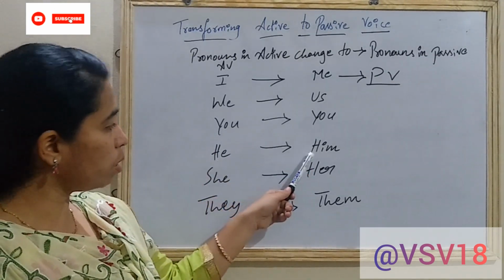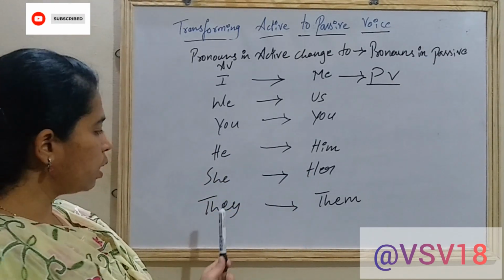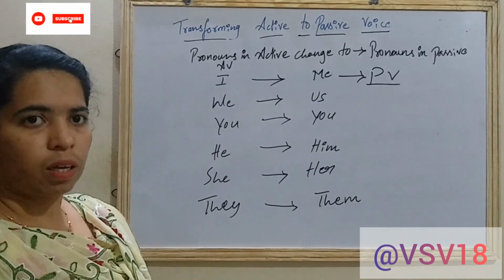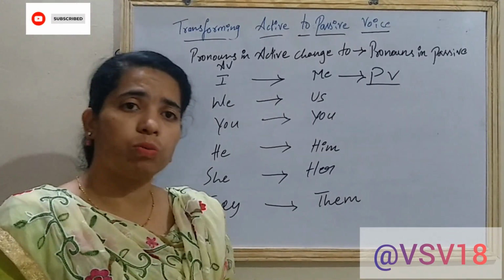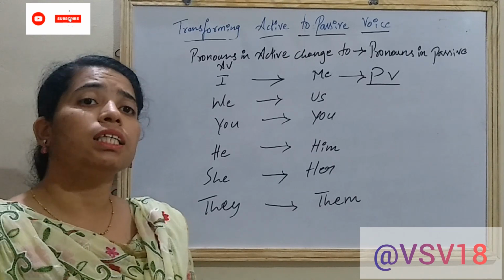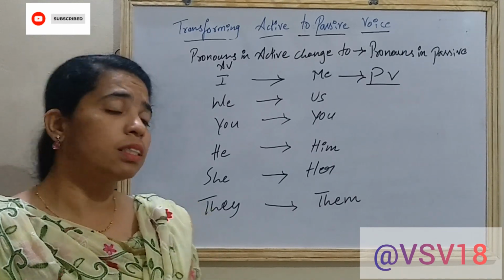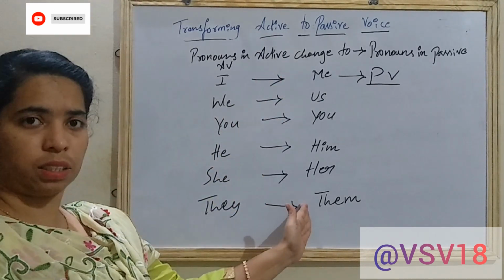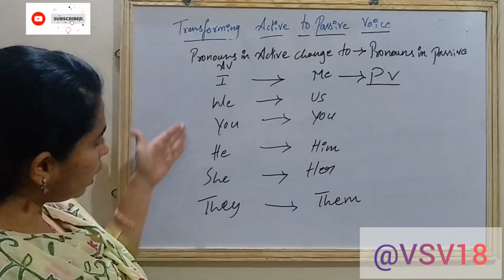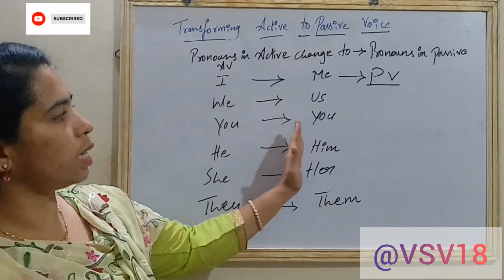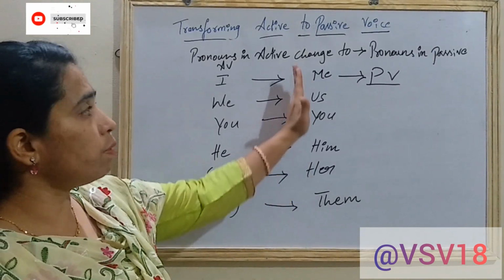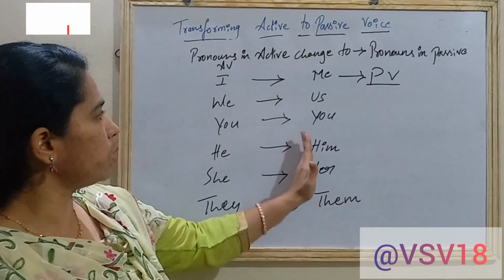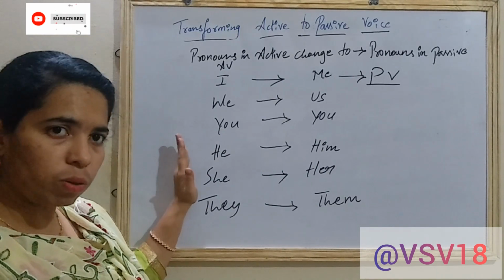He changes to him, she changes to her, they changes to them. All the pronouns which we use in writing statements are in subjective case and objective case. If these are in subject, they will be converted as object in passive voice. If they are already in object, they will be changed into subject as subjective pronouns.